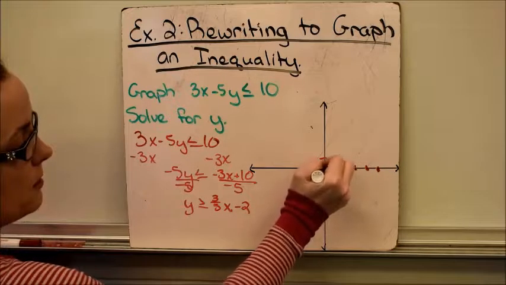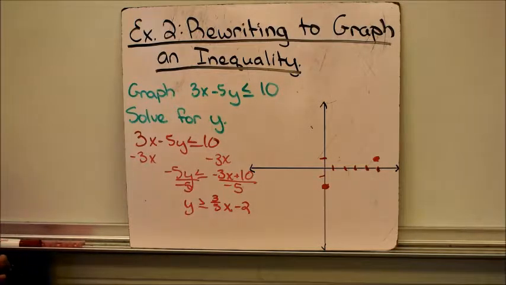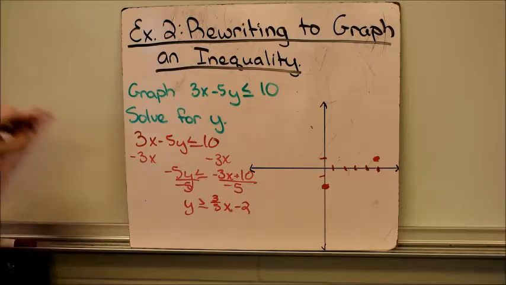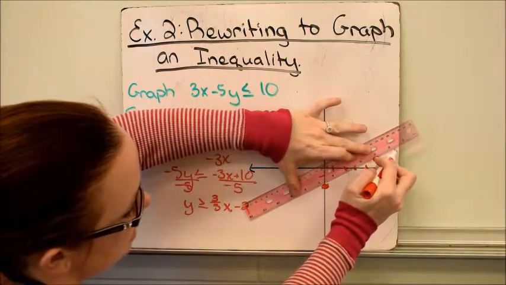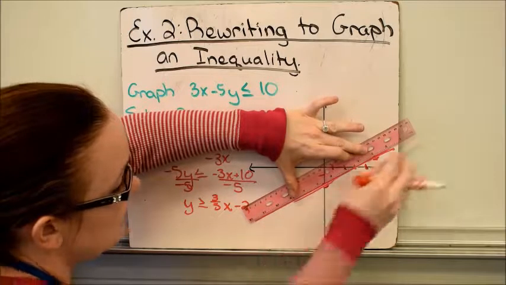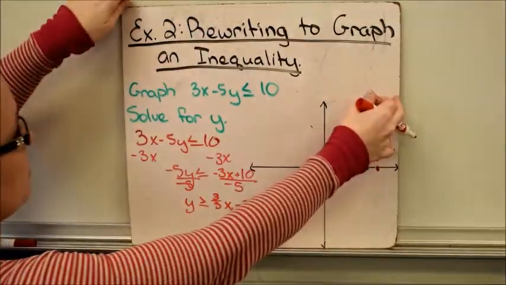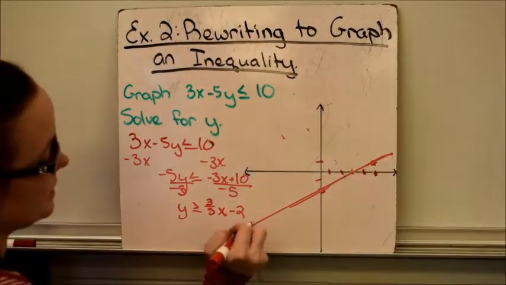So up 3/5 and draw my second point. And I'm going to draw my solid boundary line here. I like to use a straight edge when I'm trying to be really exact. When you're dealing with inequalities, it helps to be really precise on these.